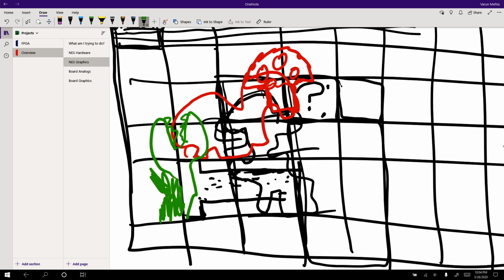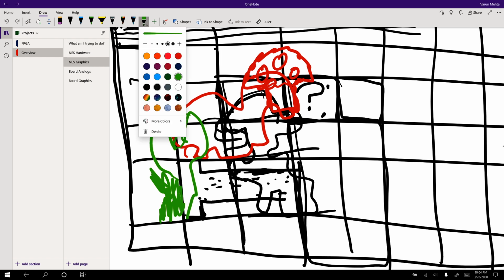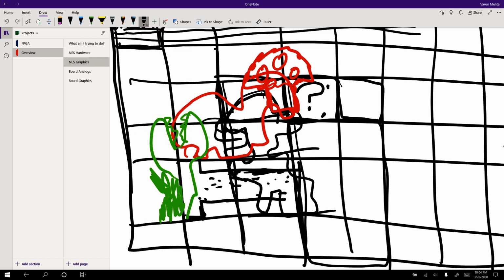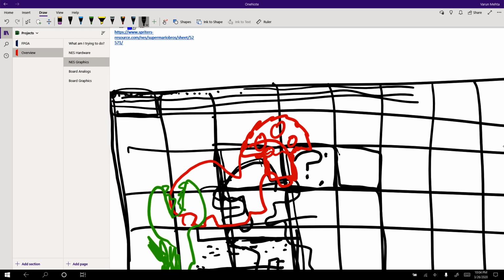And so remember before I was talking about how, with the tiles, you're just going straight across the lines. You're looking for the one tile that's going to be here. You're going to figure out what the color is supposed to be. You're going to copy all that information out and send it over to the TV.